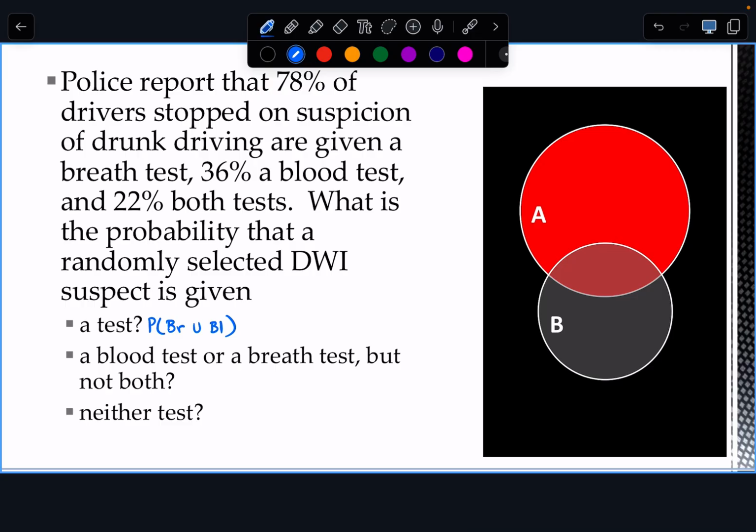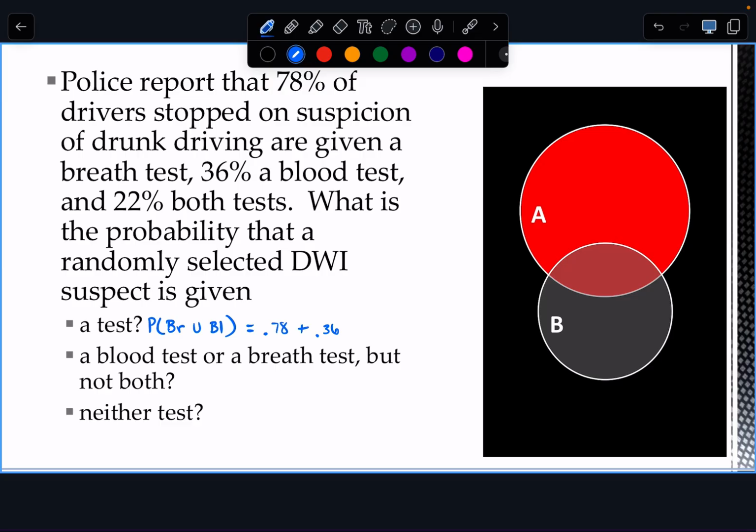The probability of getting a breath test was 78%, so 0.78, plus the probability that I got a blood test was 0.36.